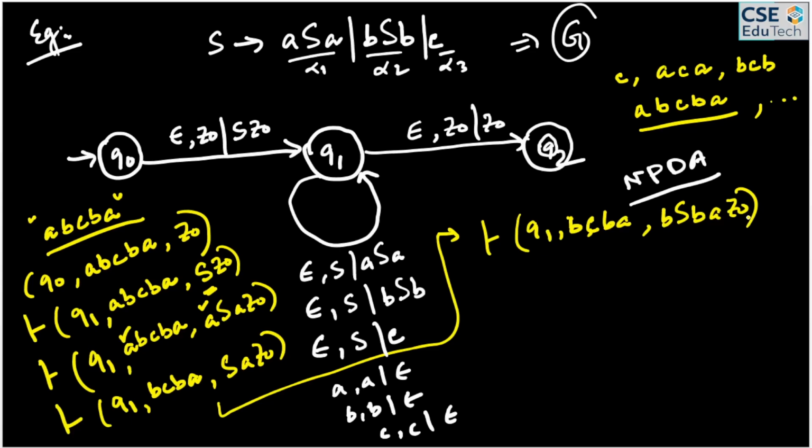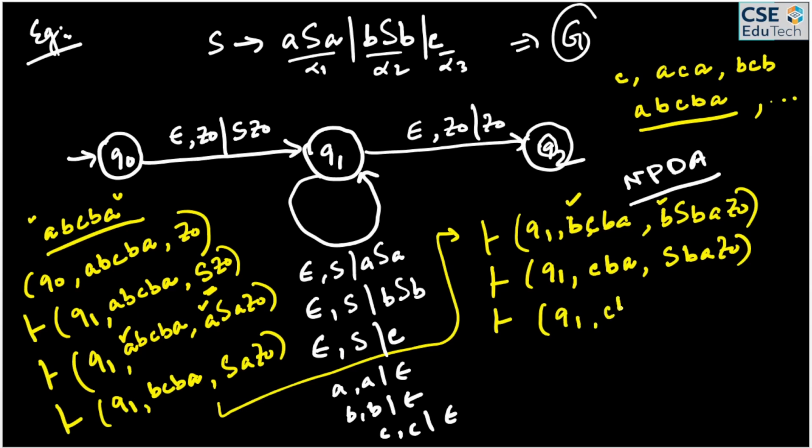Now when b is the present input and the stack top is B, replace it by null. So it will be Q1, now cba, and SBAZ0. Next, when the input is c and the stack top is S, replace S by small c: Q1, cba, cBAZ0.